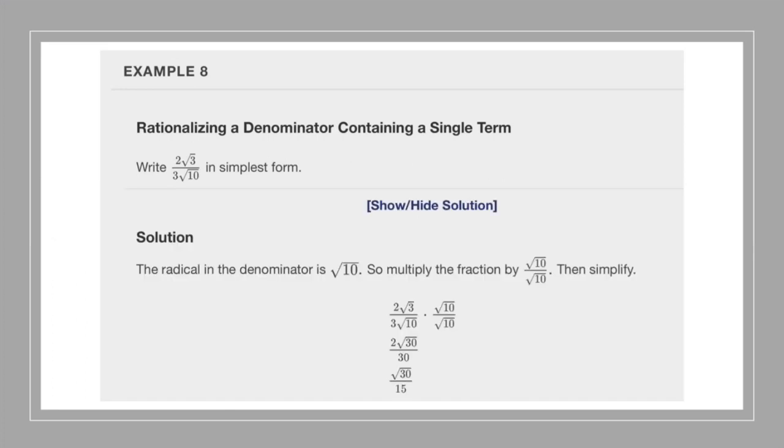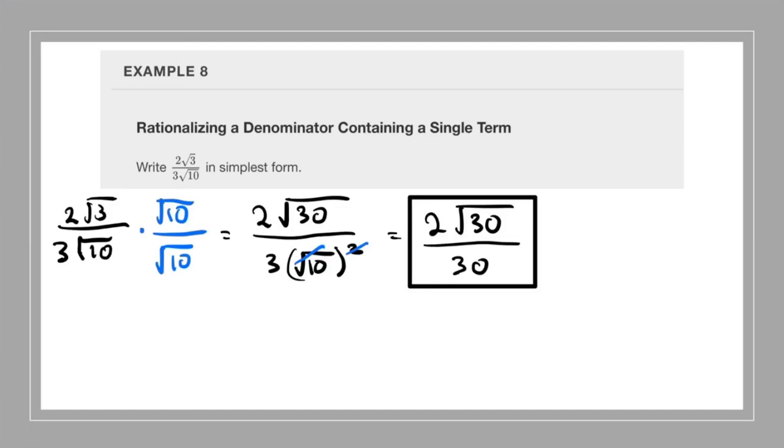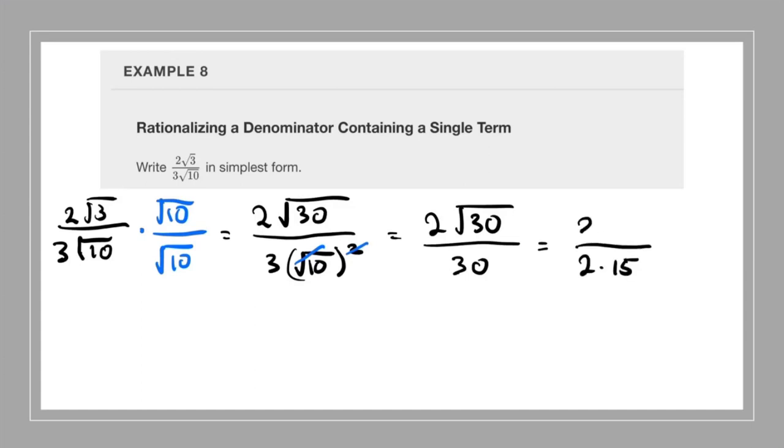Wait a minute. Oh, yeah, we can go further, right? Because 30 is a multiple of 2, so we can simplify that even further. I totally missed it. So 30 is 2 times 15. And we have 2 times the square root of 30, right?